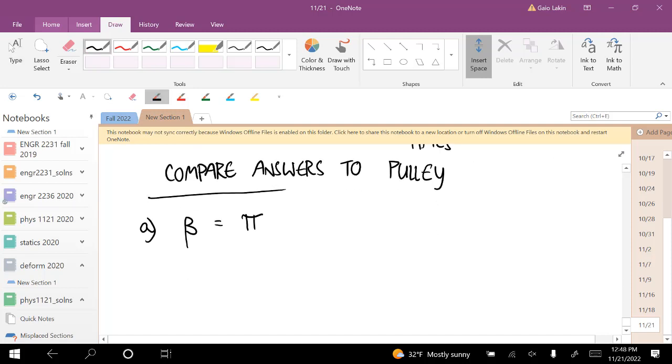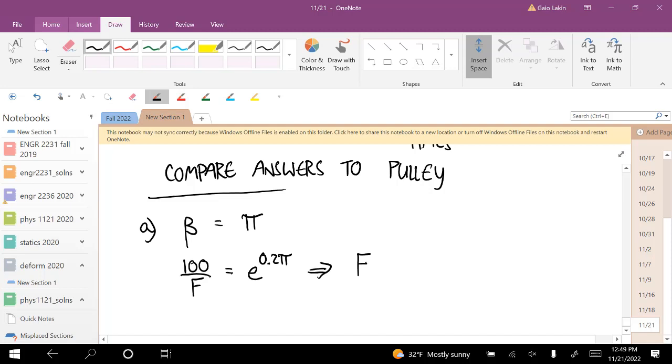Okay, so T2 is 100. We're trying to calculate this force F, and that's equal to e to the power of 0.2 pi.